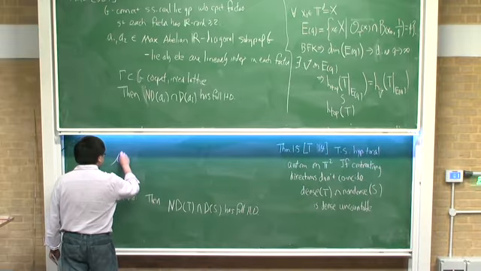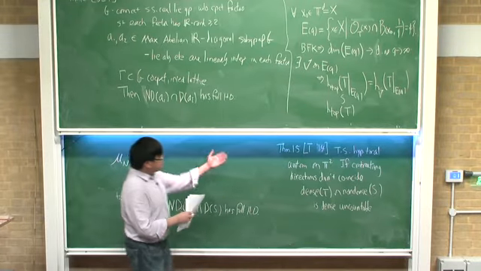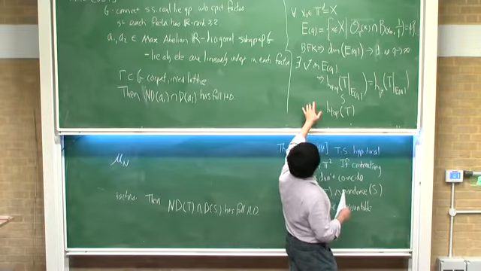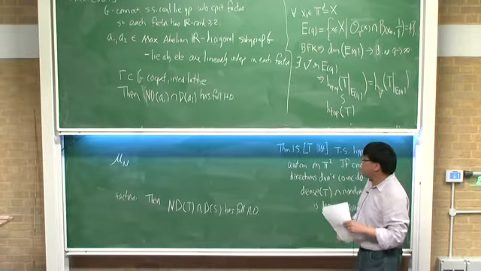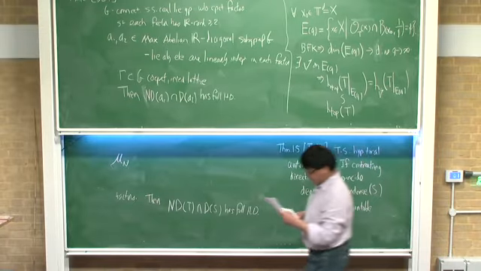So I'm going to define another measure, mu n. I want to take the measure that I just found using the variational principle, and average it with respect to the other map.